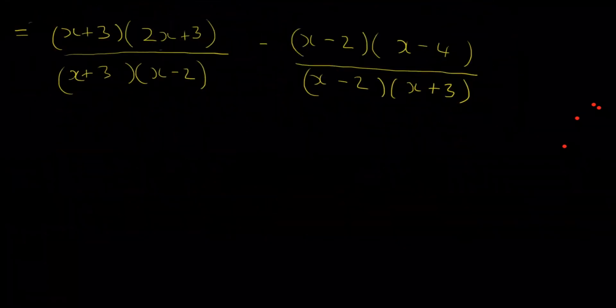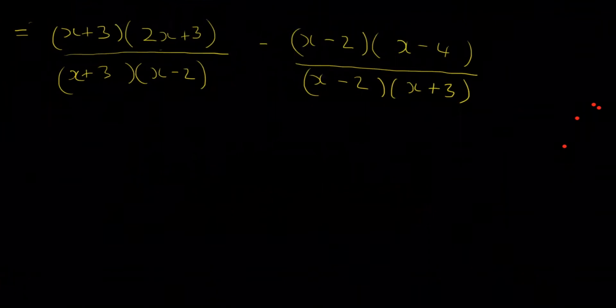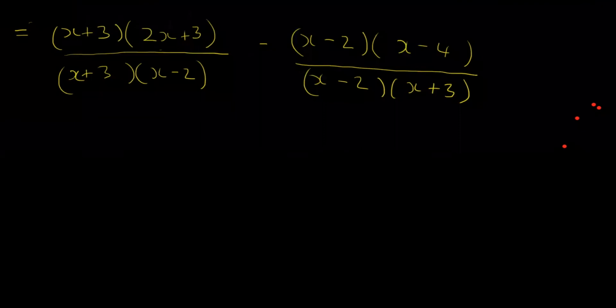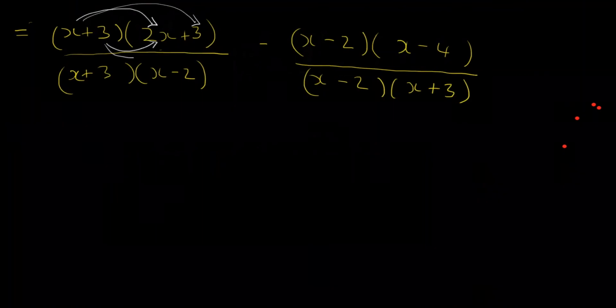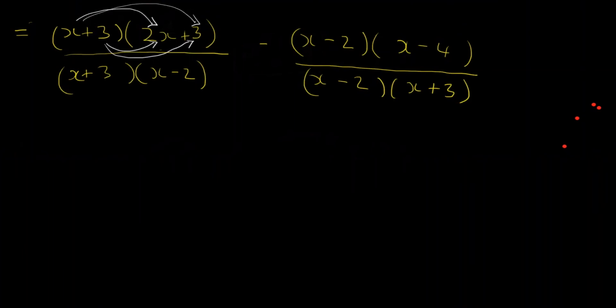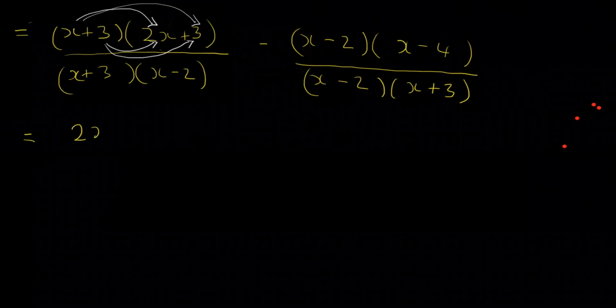You should definitely know this by now. The first term with that, and then the second term with that, and then that with that, and you do exactly the same with the second one. So let's open up this bracket. Help me out here. What's x times 2x? 2x squared.